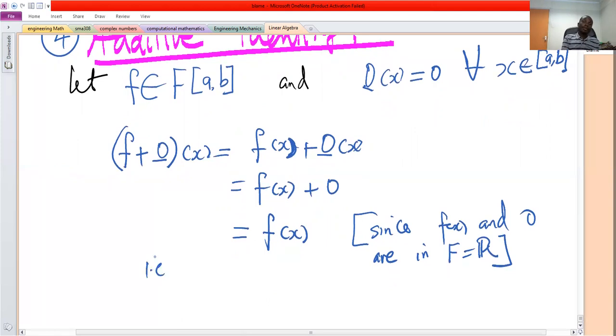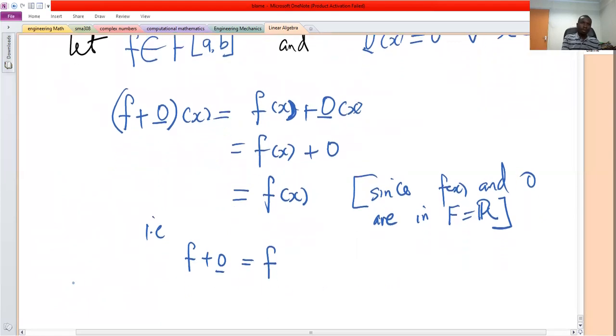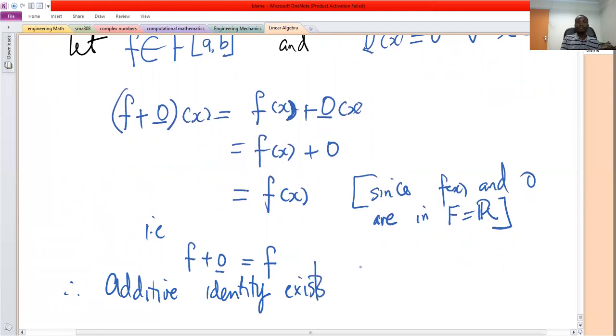So f plus 0 is the same as f. Therefore, additive identity exists on this set F.